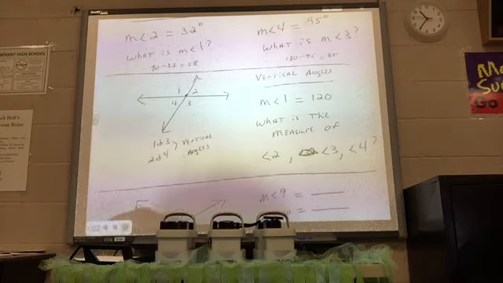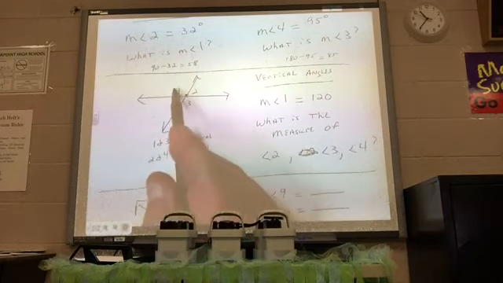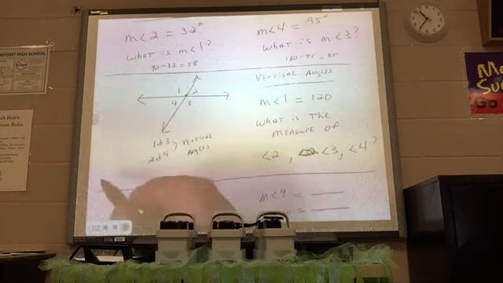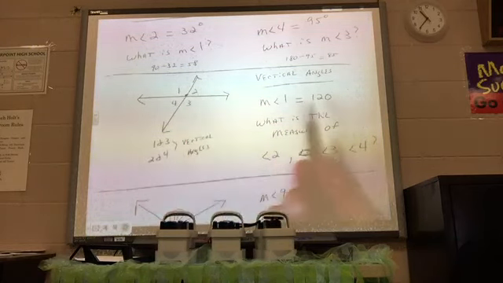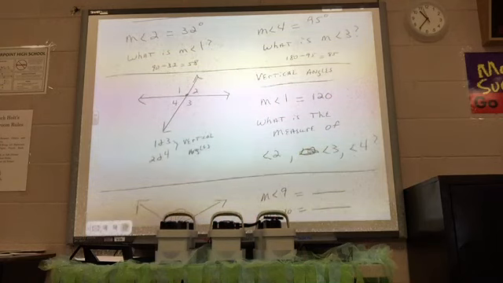What is it? 120. It's going to be 120 because 1 and 3 are vertical. So angle 3 has got to equal 120 degrees also. What about angle 2? What's its degree measure? Is it half the long one? No, well, technically it's going to be half, but that's not the reason.